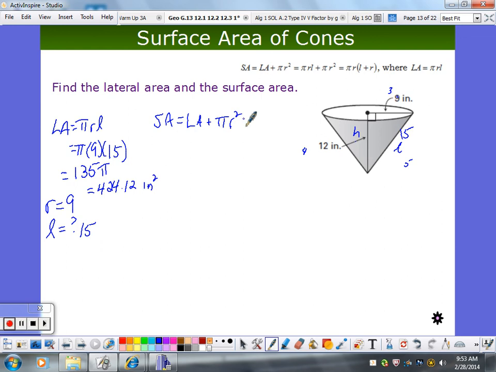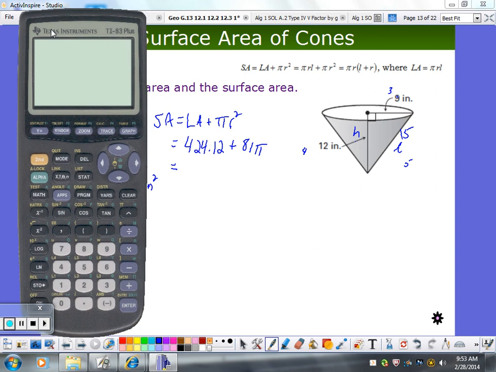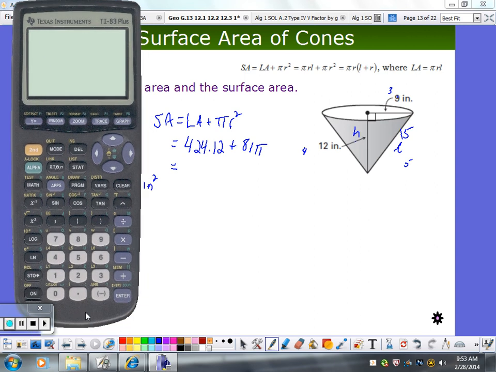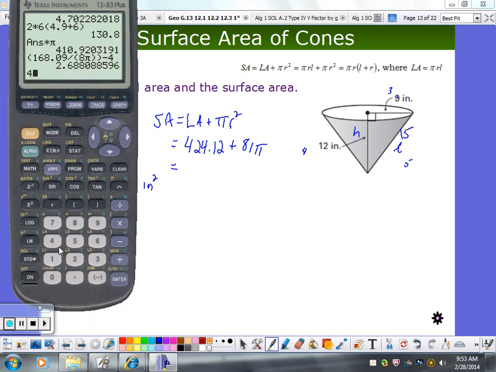If I want the surface area, I'm going to take that ice cream cone surface area, and I'm going to add in pi r squared, which is 81 pi. Hey, big number, 107.92. Is that right?